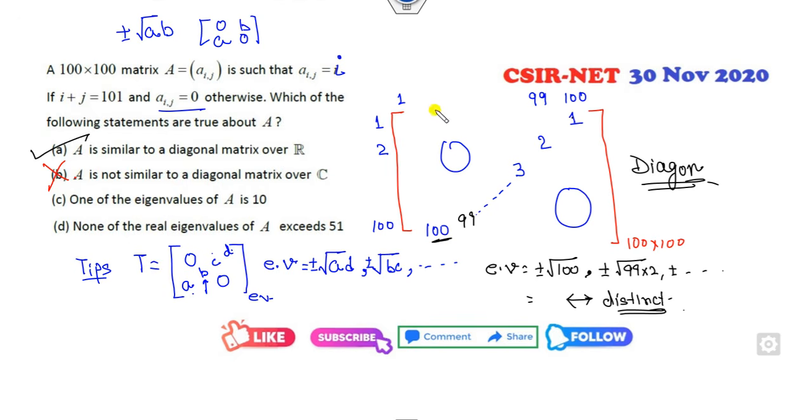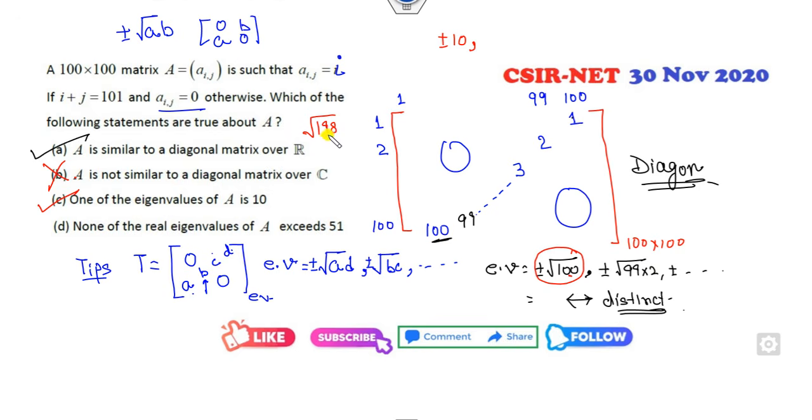So row sum we can't compute, but you can see that this value will give you plus 10. None of the real eigenvalues exceeds 50. You can see the eigenvalues are plus minus 10. This number will be 198. So what will be the square root of this? It will be around 15, 16, 17.